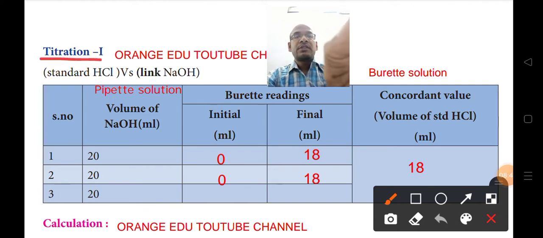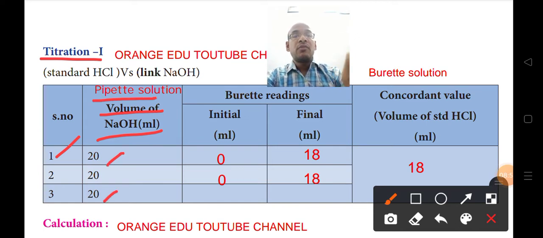Titration 1: serial number, volume of the NaOH. The NaOH is all in this titration 1, pipette solution 20 ml. Therefore, you need not memorize this part. Simply, in the short procedure, pipette solution of 20 ml.